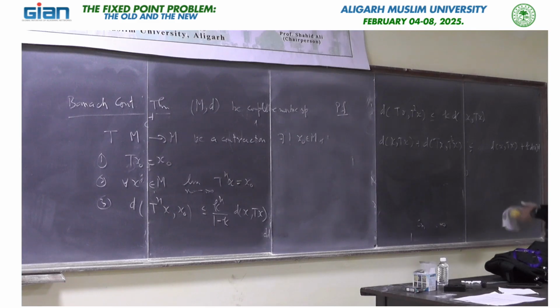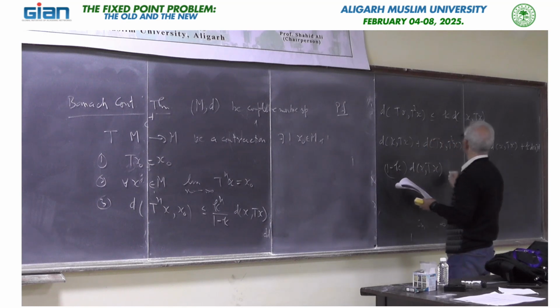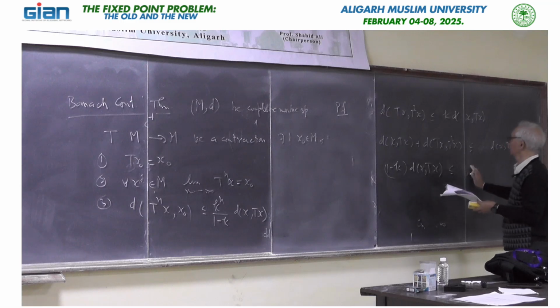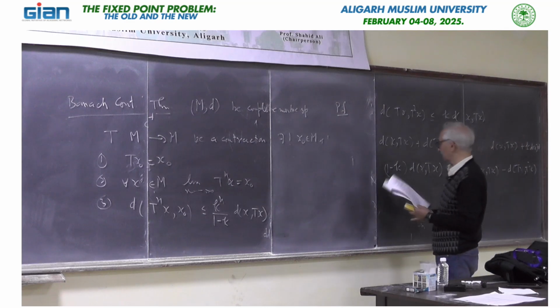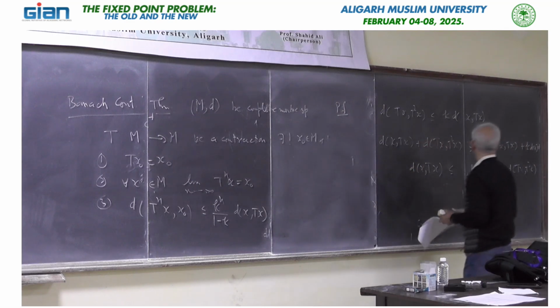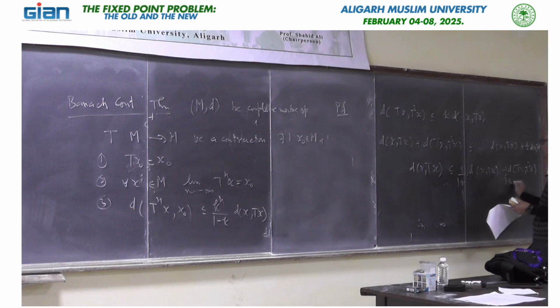Okay, that is what I made a mistake on. So now I take it on this side: I have 1 minus k times d of x, Tx less than or equal to d of x, Tx minus d of Tx, T squared x. And then I divide, so I have 1 over 1 minus k here, 1 over 1 minus k here.